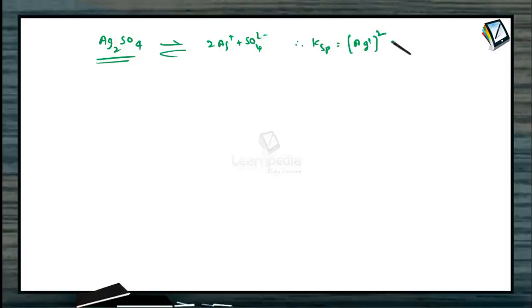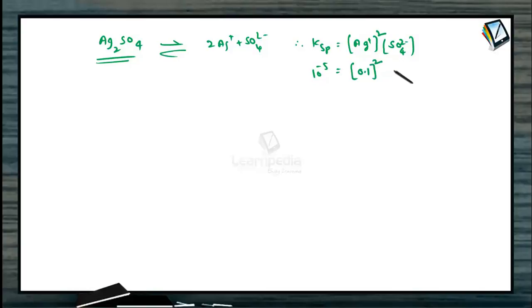For the silver ion to be precipitated, we are supposed to get Ag2SO4, A2B type of salt. For this, the KSP expression can be written as Ag+ concentration whole to the power of 2 into SO4 2-. And KSP of silver sulfate is given. How much is that? 10 to the power of minus 5. And Ag+ concentration is already given, 0.1 molar to the power of 2.